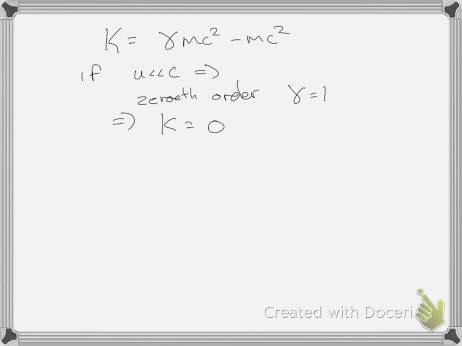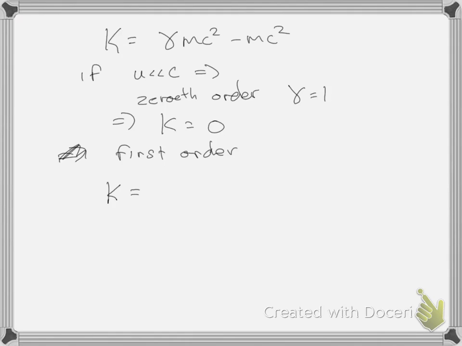But how do we get to the 1/2 mv squared? Well, that's going to be first order. So it's going to the first order approximation. We've got to take that binomial expansion out to one more place. So let's do it to first order. Again, doing the binomial expansion, the very first term would just be 0, but let's see what the next term is.